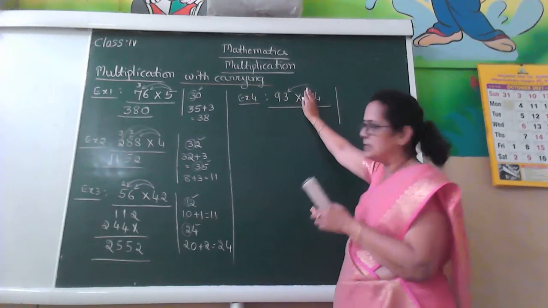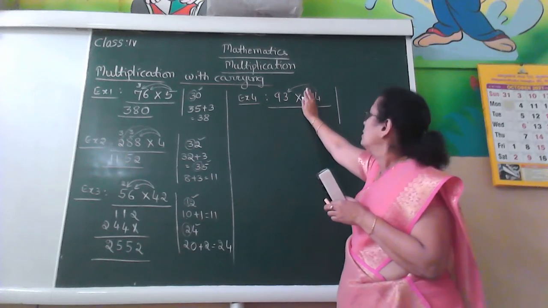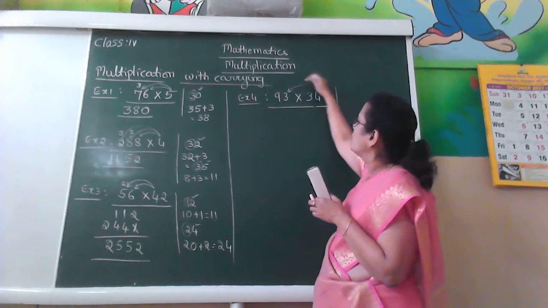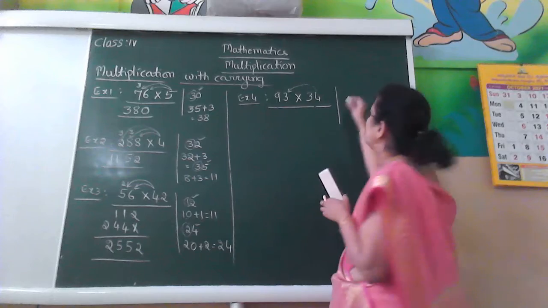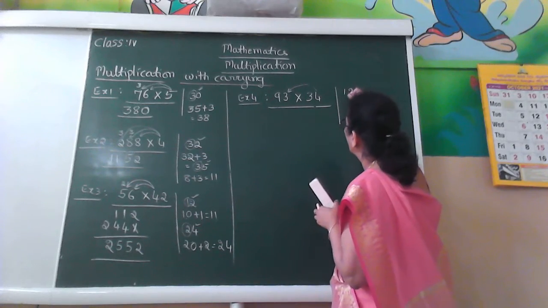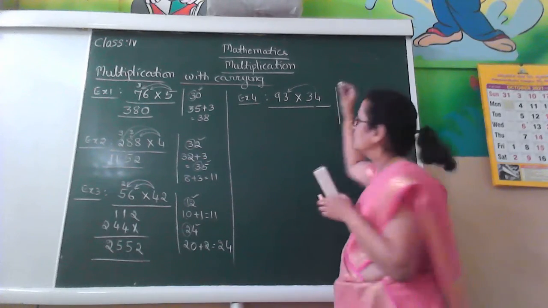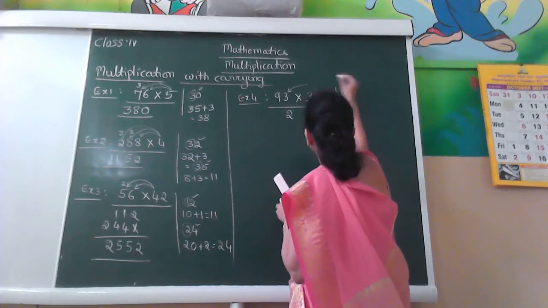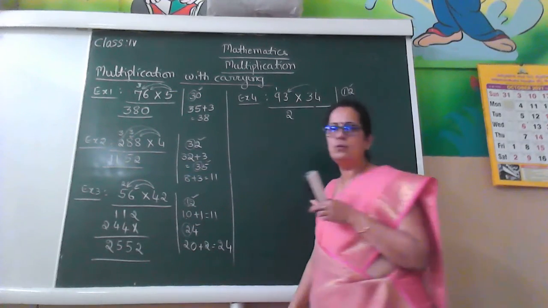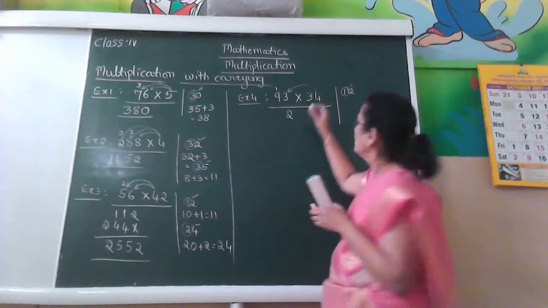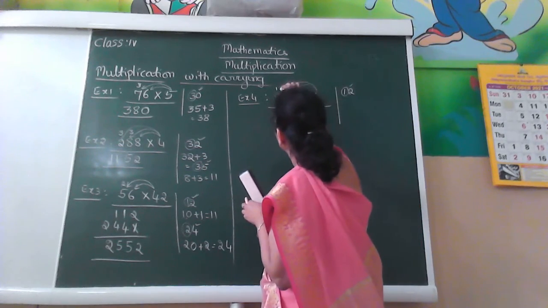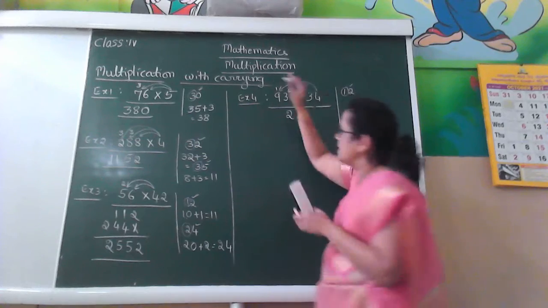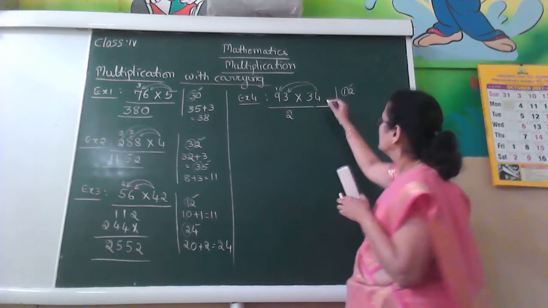Don't consider 3 here, only 4 into 3. 4 threes are how much? It is 12. What to do? So write this 2 here and 1 give carry above 9. Now 4 nines are how much?